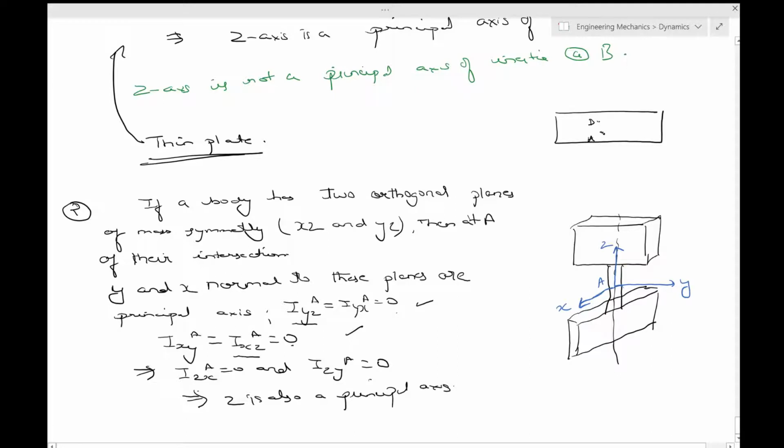Let's first take up the XZ plane. In terms of the XZ plane, this is the direction of mass symmetry, meaning any point over here and any point over here will cancel each other out in terms of mass. Similarly, YZ is this plane.